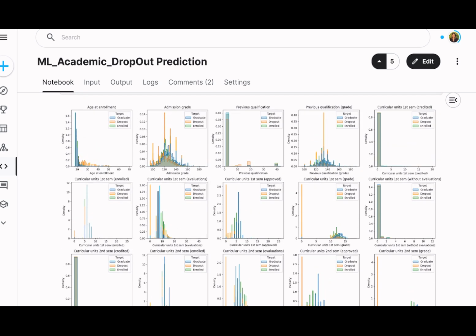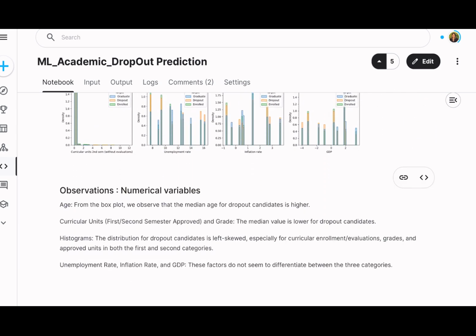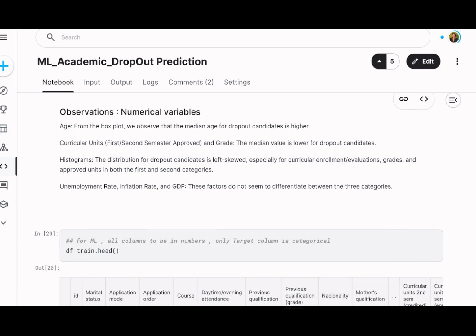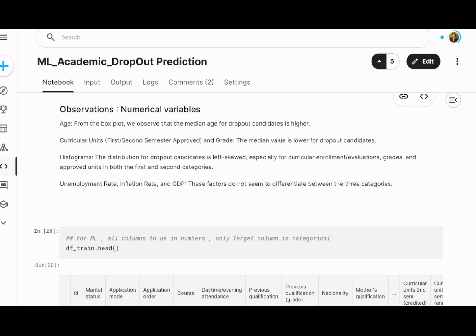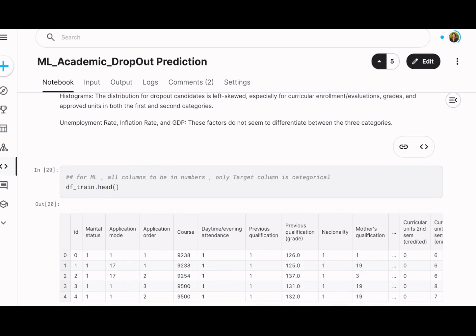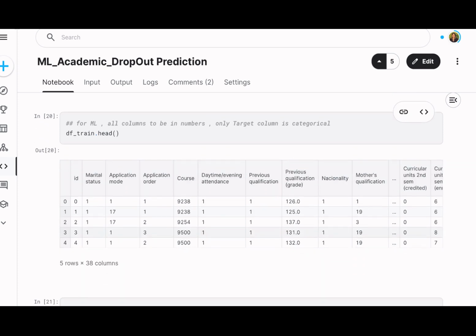I've also drawn some histograms, but from numerical columns, we don't get much. And I've written this, like for age, it is very obvious as we saw in the box plots. Then there are other variables like curricular units for the first, second, third semesters and grade. The median values are slightly lower for the dropout candidates. And for other factors like unemployment rate, inflation rate, and GDP, the factors don't seem to differentiate between the three categories. So that was all about the categorical and the numerical.